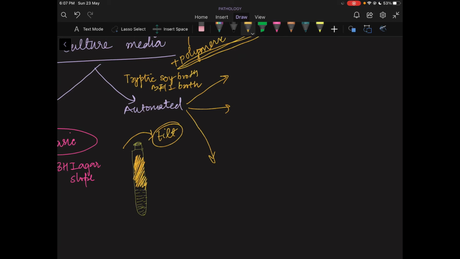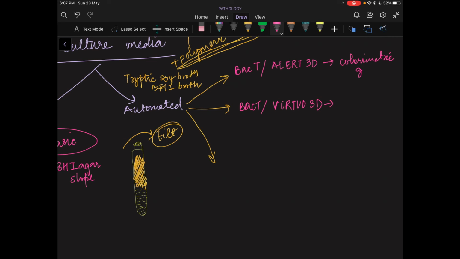So automated systems can be divided into further 3 parts. There is BACT/ALERT 3D. It uses a colorimetric method. Simply, you will see a change of color at the bottom of the bottle, which will be detected by colorimetry. Then second is BACT/ALERT VIRTUO 3D.